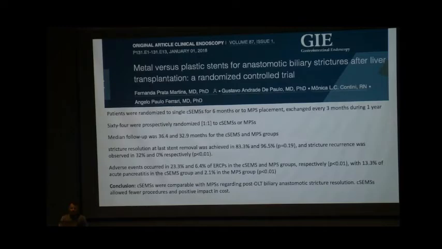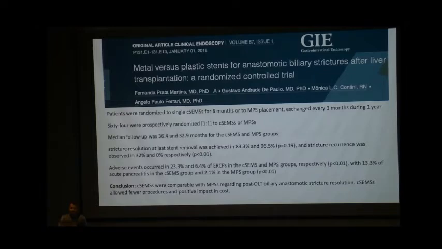36.4 and 32.9 months for both the groups. Stricture resolution at last stent removal was achieved in 83.3% in the covered stent group and 96.5% in the multiple plastic stent group. And they concluded that covered SEMS are comparable with MPS regarding post orthotopic liver transplant biliary anastomotic stricture resolution.